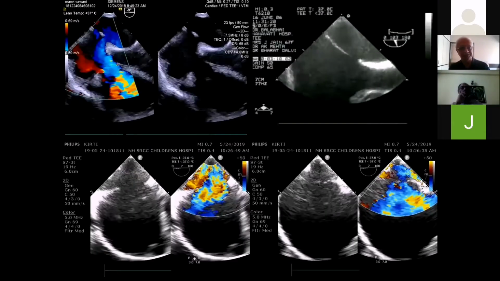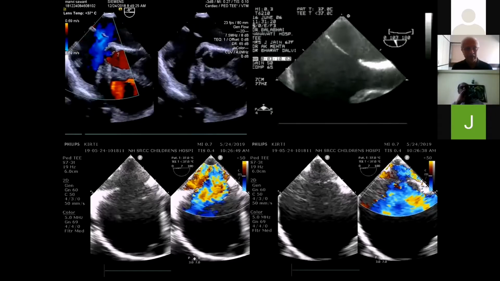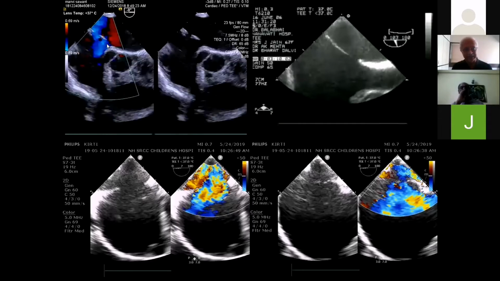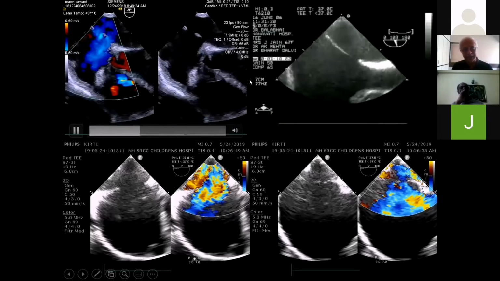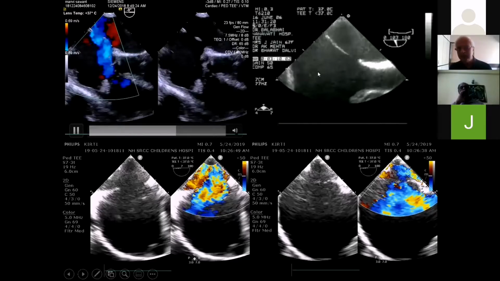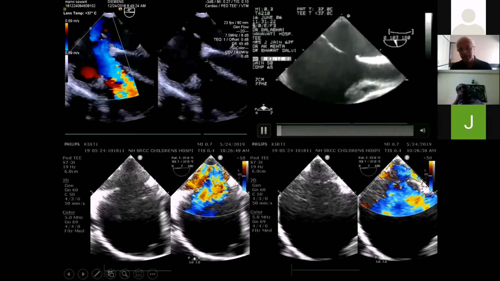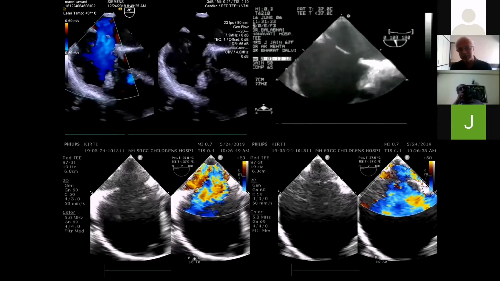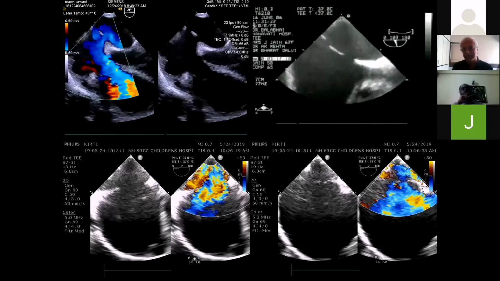morphological variations. Now, this is a classical example of a defect where there is a small strand of tissue which is separating a large defect into two small to moderate sized defects. As against this, if you look at this particular patient, you will find that there are two separate defects which are separated by a reasonably large chunk of tissue.